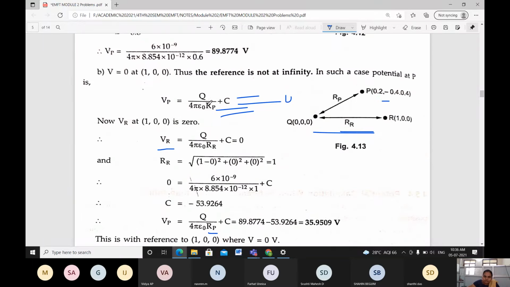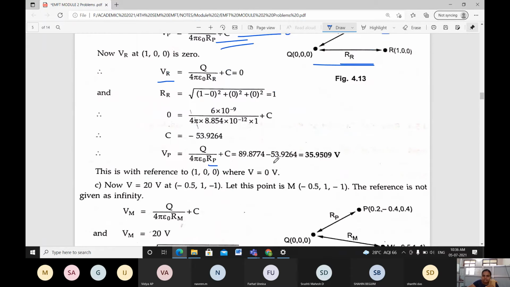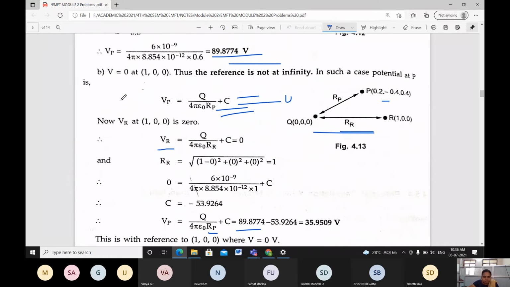Then substitute for Vp, which is Q divided by 4 pi epsilon naught times Rp plus C. What is the Rp of this point? We already calculated that. If the question is given in the same way, you can directly write the answer, but if it asks for this point only, then you have to calculate it and substitute here.